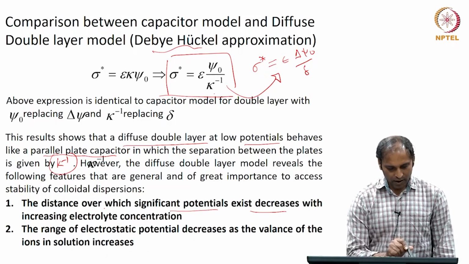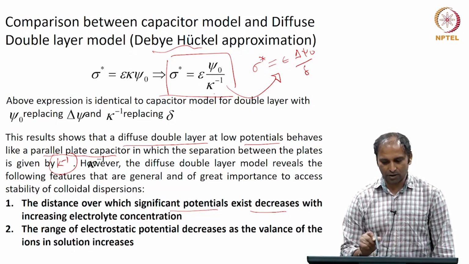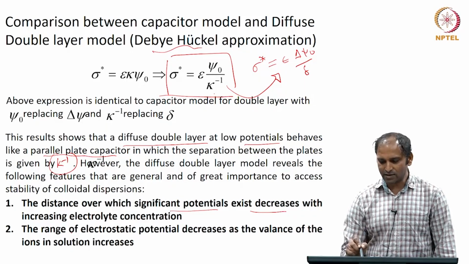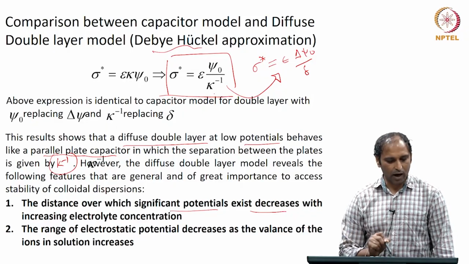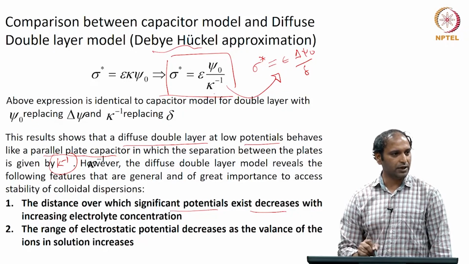And the second point, the range of electrostatic potential decreases as the valency of the ions in the solution increases.